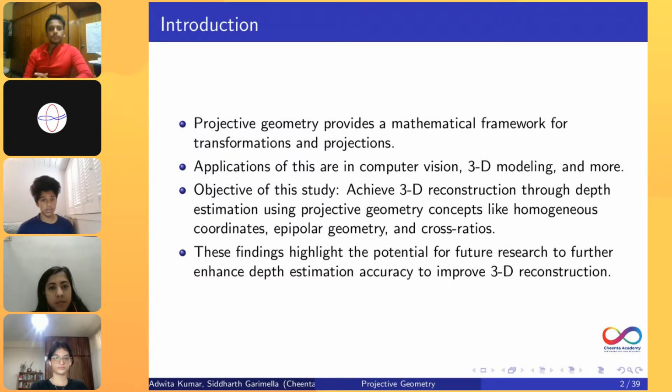Okay, so as a brief overview, projective geometry can provide a mathematical framework for transformations and projections, and we can see applications of this in 3D modeling, computer vision, etc. With this project, we were trying to achieve 3D reconstruction through depth estimation, and we did this using concepts in projective geometry like homogeneous coordinates, epipolar geometry, and cross ratios. The findings show that there is potential for future research to enhance depth estimation accuracy to improve 3D reconstruction.